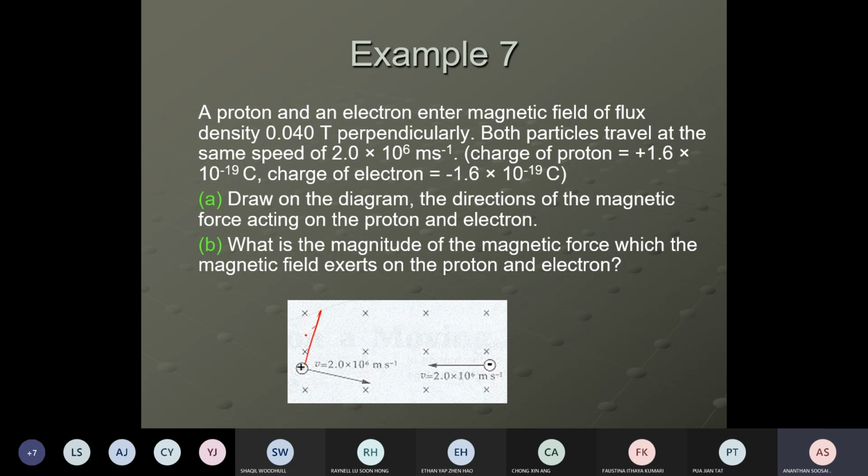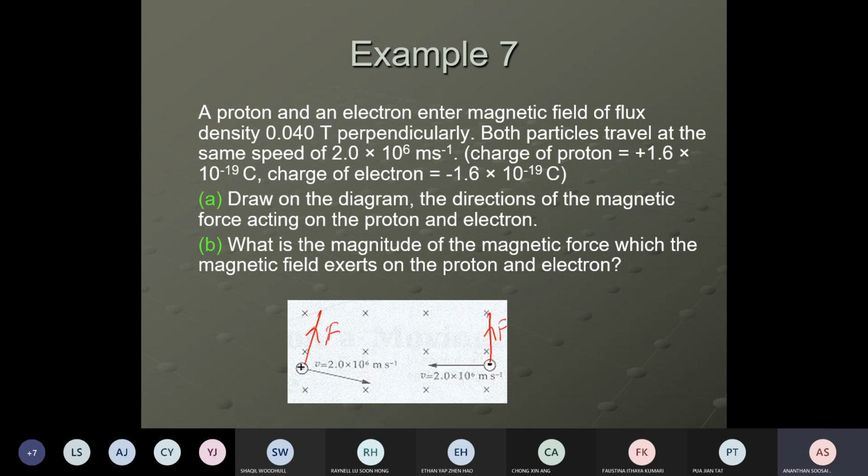So the force is this way, correct? FBI, yeah, correct. So force is in this direction. And for negative, which direction? Because it is moving to the left, the current should be to the right, correct? B is into the page. So the force is like this, upwards, right?